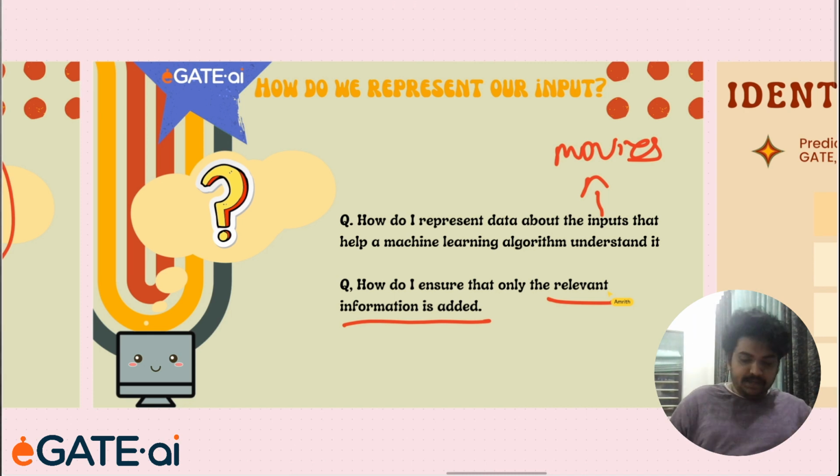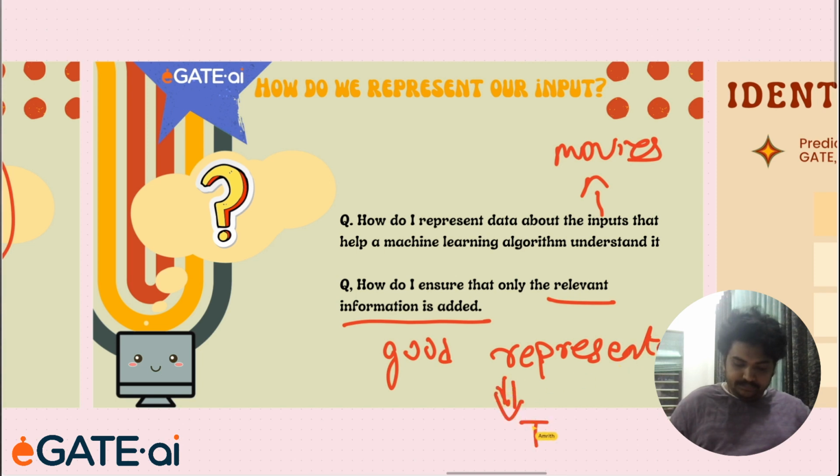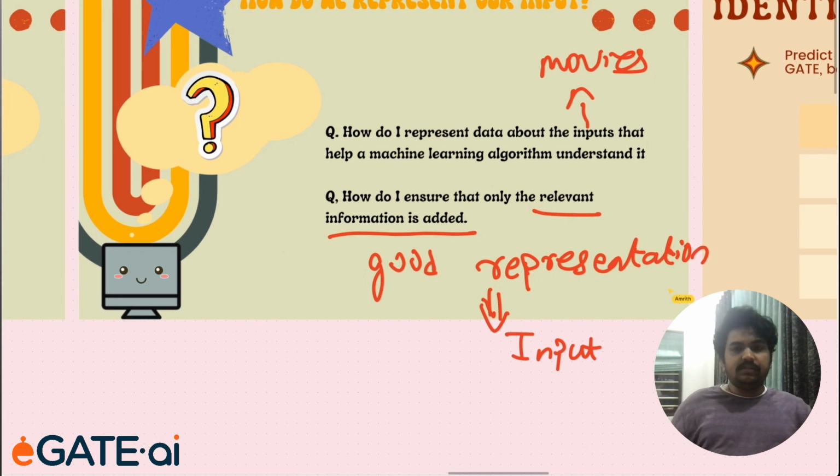So, what would be a good representation? And representation of what? A representation of the input. We will come back to this later, but let's look at some of the simpler examples which we discussed previously.